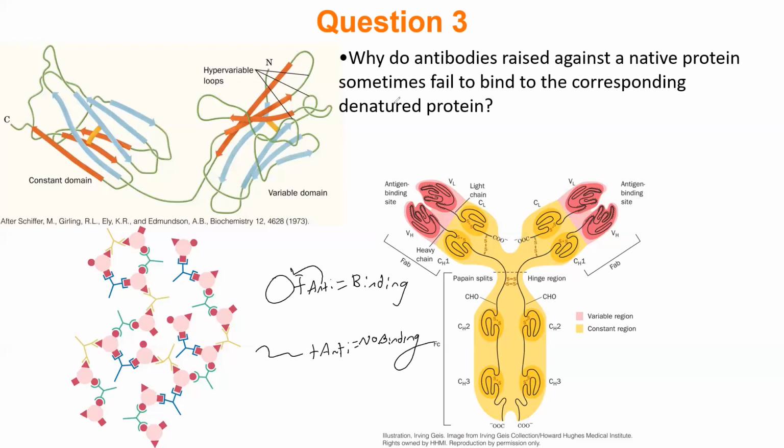Because the shape of the protein changes? Yeah, that's not only the shape, but the characteristics of the protein change. So let's imagine that our antibody binds to a pocket that's like arginine, aspartic acid, and I don't know, cysteine.